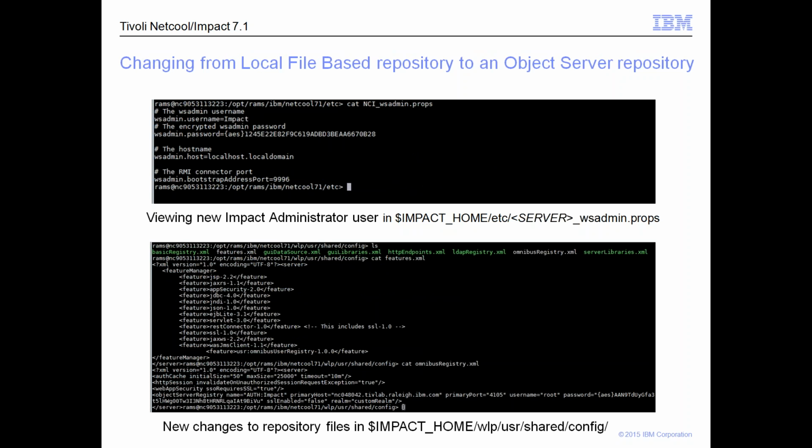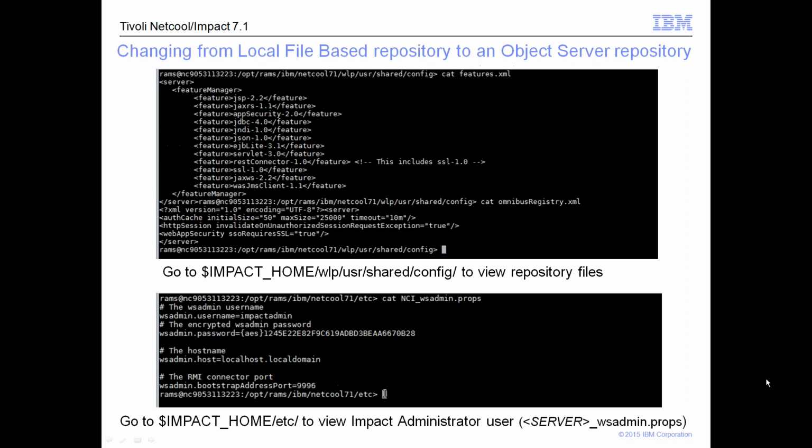Okay, sounds good. So we've gone from local file base to this, and again, I just want to show you this real quick. These are the XML files that were in the config directory, and before that, they look like this.